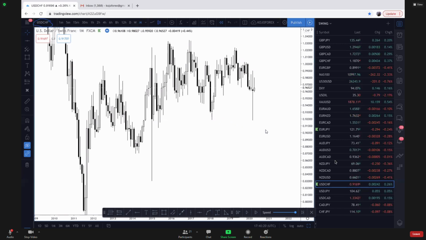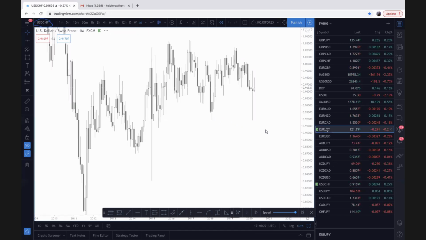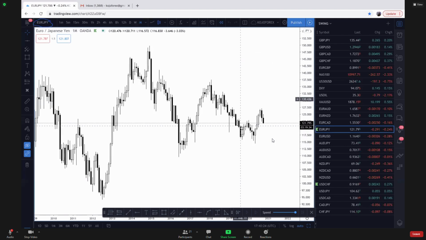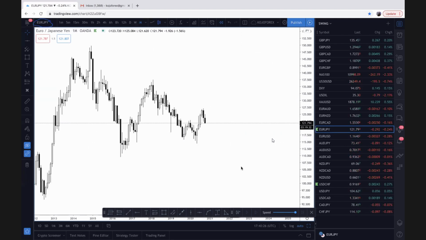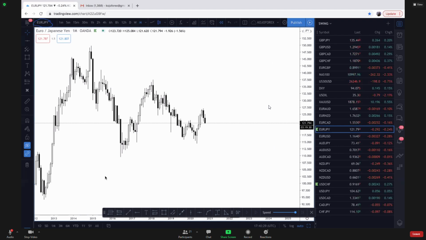About the top-down analysis. This is Euro Japanese yen, right? If you look at Euro Japanese yen, you can see that prior to even this movement here, my 1,000 pip was picked from a range like this, right? I was using these levels prior to this big dip here.